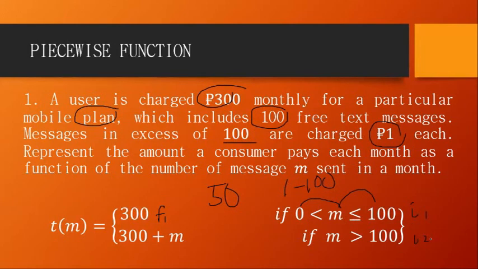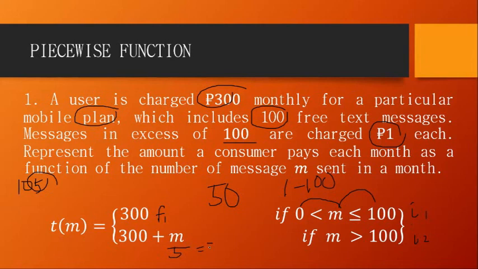Okay? For example, nag-exceed ka ng 5 messages. So instead of 100, ang nagamit mo is 105. So ibig sabihin, yung 100 messages, babayaran mo yung 300, plus kung ilan yung labis, that is 5. Kung piso each yan, so magbabayad ka ng 5 pesos.